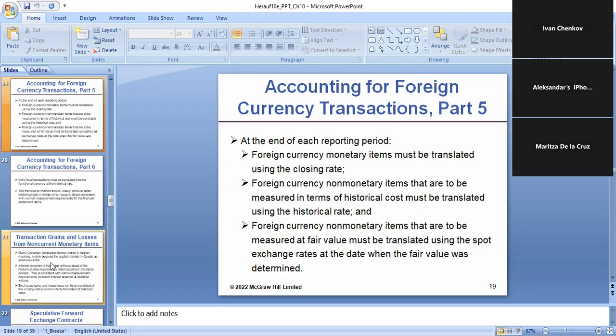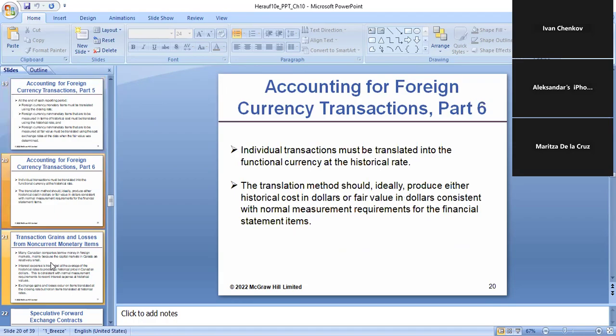If we're using an initial fair value, then we're going to use the spot exchange rate at the date that the fair value was determined. Individual transactions must be translated into the functional currency at the historical rate. So every time you have a transaction, you use the spot rate on the day of the transaction to translate into the functional currency.